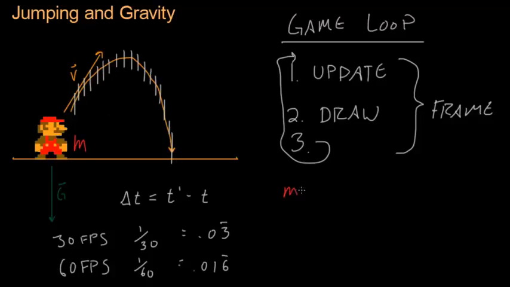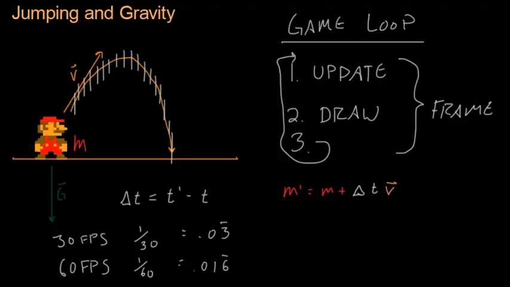Well, first, Mario's new position, which is going to be M prime, is going to equal Mario's old position plus delta t, and this triangle is just a delta symbol, that's all it is, times the velocity vector. So this delta t is really small, and it cuts the velocity vector really small, and it moves Mario just a tiny bit.